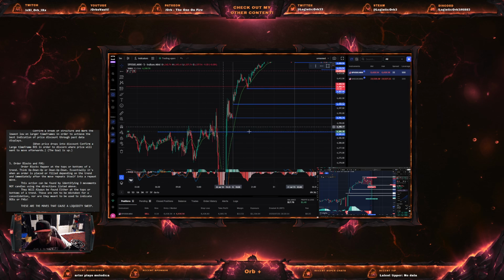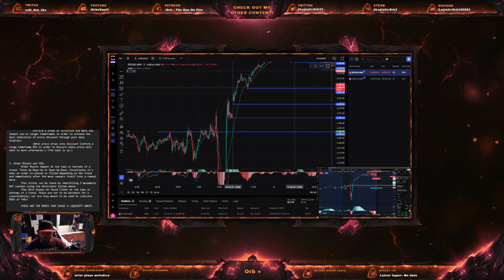I don't know what this is. Oh, because of that break there, we would have looked for this. Because of this break of structure below this low, because we were there, our final take profit would have wound up right there.